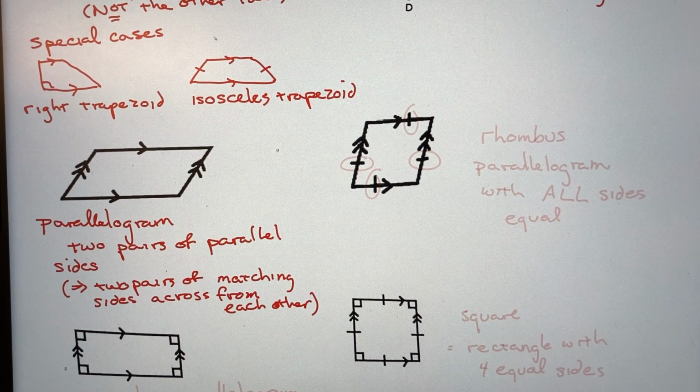So just a note that if it's a parallelogram, the lengths of the sides also end up matching. Speaking of which, if all 4 sides are the same, so note these marks as well as the parallel marks, you have what's called a rhombus. Or as I like to say, a tilted square.